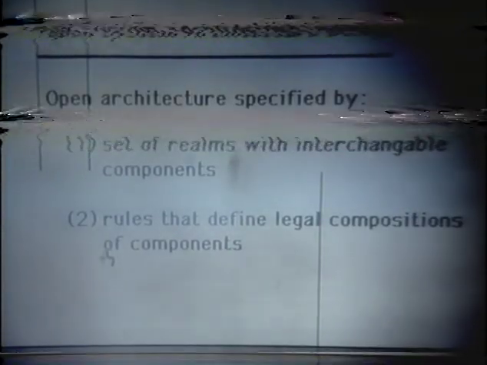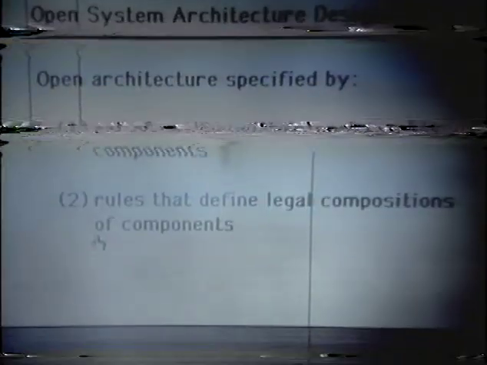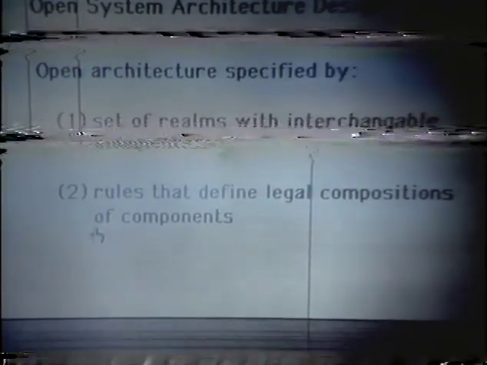An open system architecture is specified by a set of realms with interchangeable components and rules that define legal compositions of components. Genesis itself supports over 9 different realms.